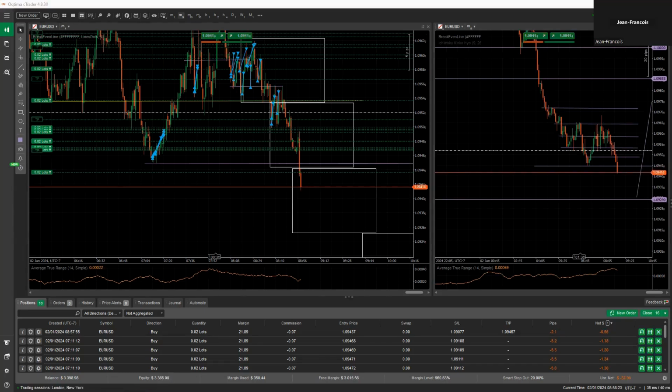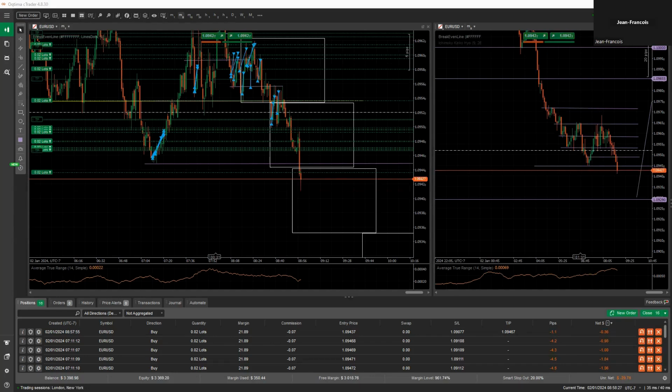So yeah, we're really overextended today. We're now at 103 pips or 158% of the average. That's okay.